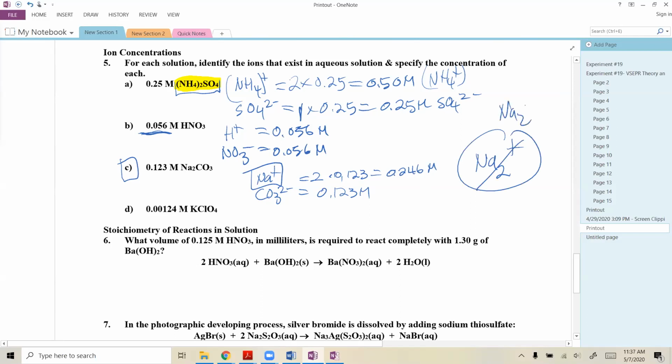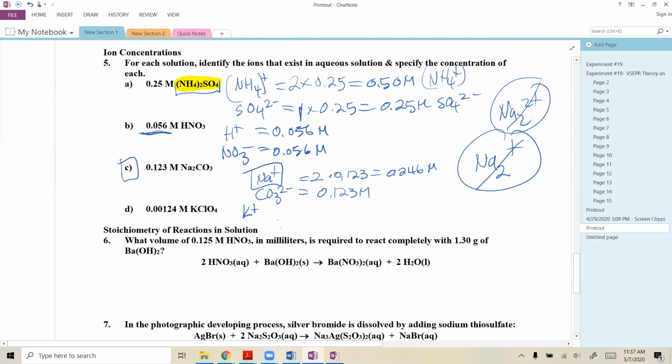And it's not Na2 2 plus either; that would also not be correct. Na2 2 plus would actually be a different kind of ion, and normally our metals don't do that. The only one that does is mercury, but you don't have to worry about that part for our class. So we can move on to our last one.